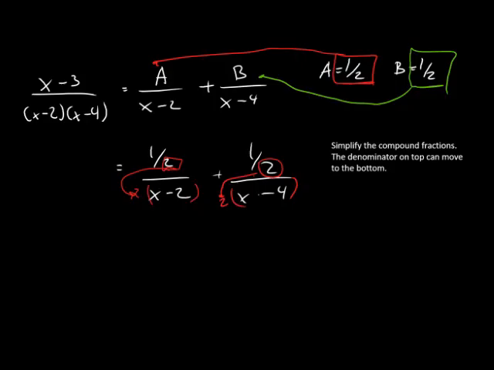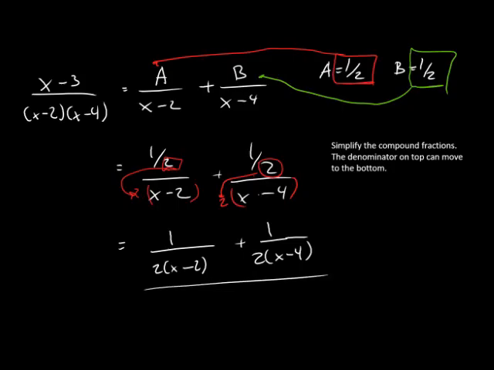Therefore, when we rewrite these fractions, we now have 1 over 2 times x minus 2 plus 1 over 2 times x minus 4. This will be our new set of partial fractions. And so this is how we take a fraction and split it into two partial fractions. Thank you for watching. We'll see you again soon.